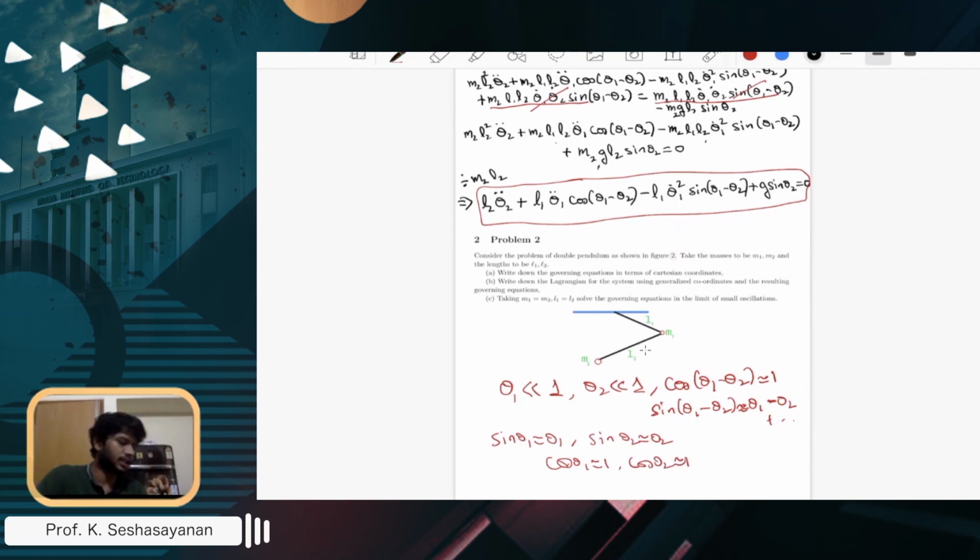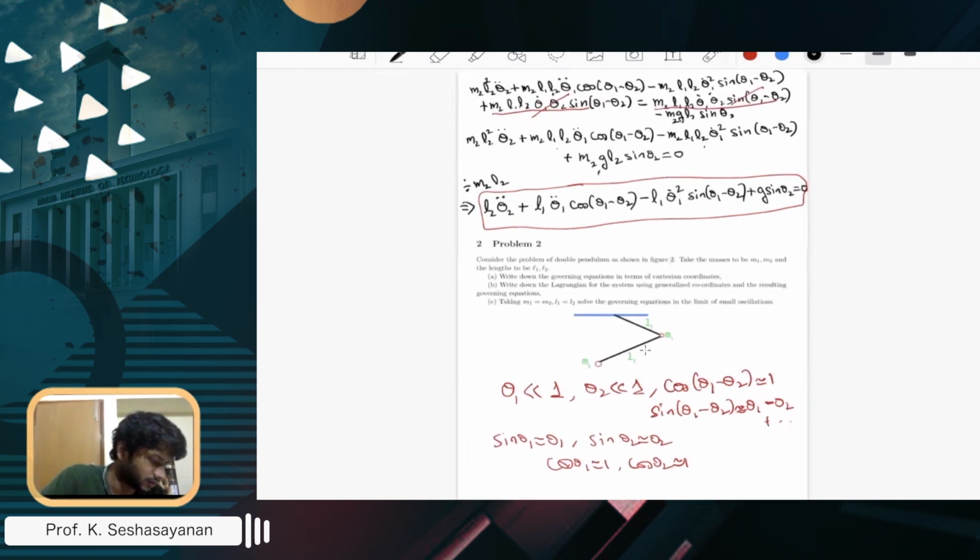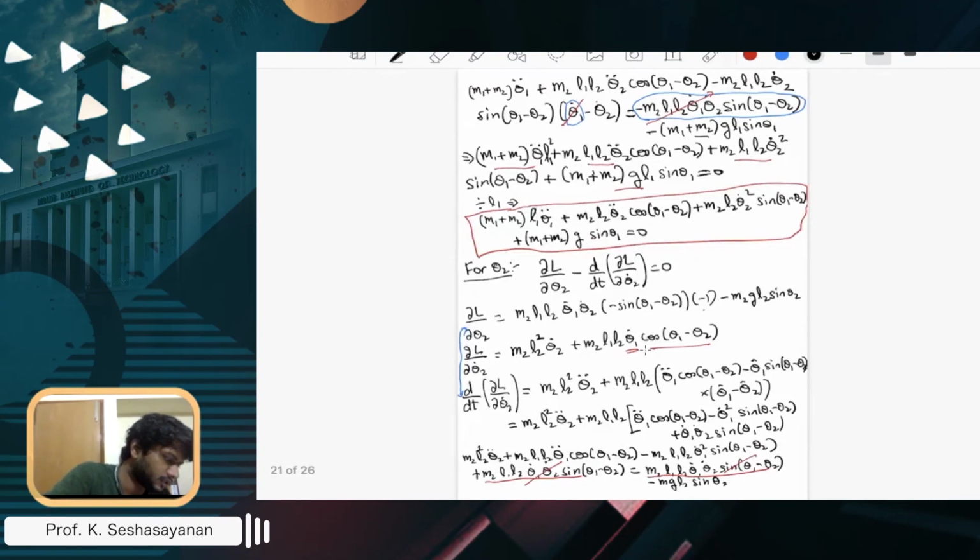So with these assumptions, in the limit of small oscillations, one can look at some solutions for this problem. So I'll again copy this equation, since we will do this. We will try to get some solution from this system.